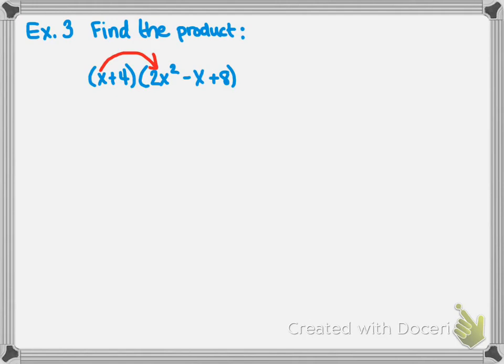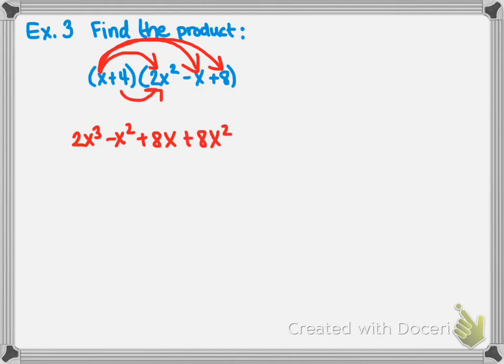So I need to multiply x times 2x squared and get 2x cubed, x times negative x squared, x times 8 plus 8x, 4 times 2x squared is positive 8x squared, 4 times negative x minus 4x, 4 times 8 plus 32. Now let's combine any like terms.